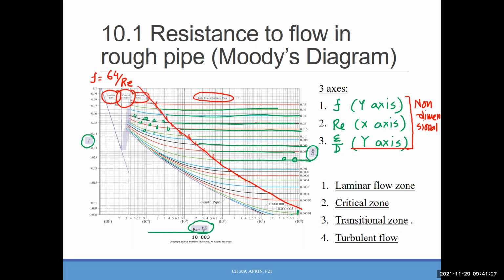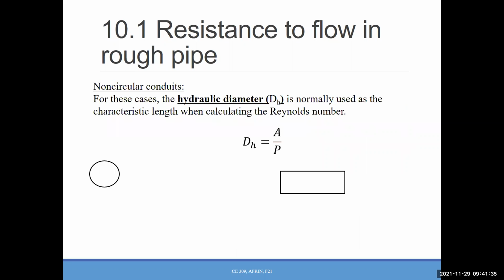Okay. Now, all of the things here, we did for circular pipe. Now, for some reason, if we don't have a circular pipe, how do we work on that? That's what we will do very quickly. So, for non-circular pipe, we can use another parameter called hydraulic diameter.